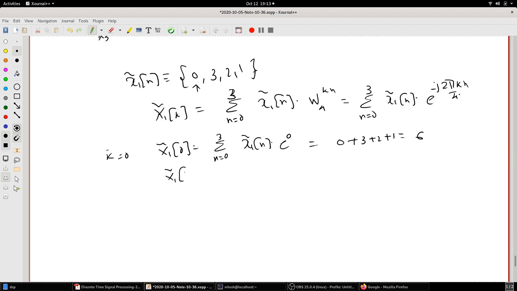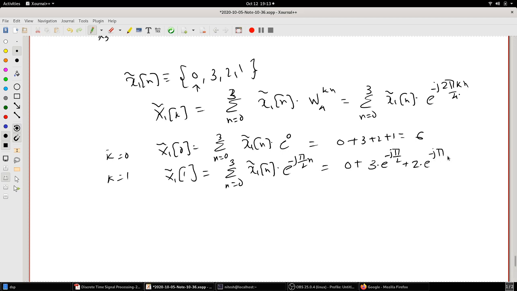x1 tilde of 1 will be equal to summation n equal to 0 to 3 x1 tilde of n into e raised to minus j, here k is equal to 1. So this is e raised to minus j pi by 2 n. So that is equal to 0 plus 3 into e raised to minus j pi by 2 plus 2 into e raised to minus j pi plus e raised to minus j 3 pi by 2.